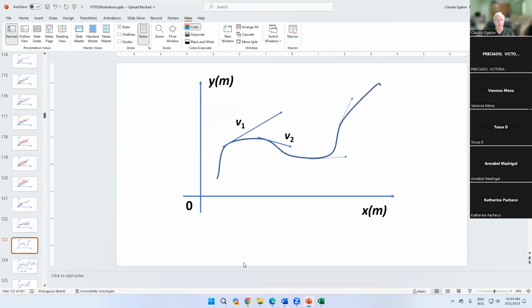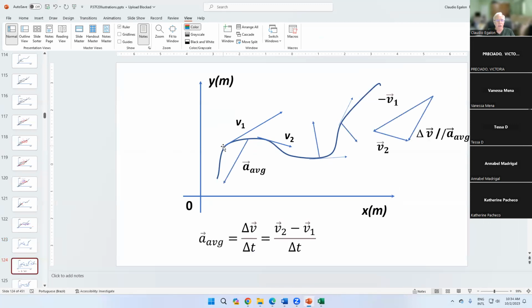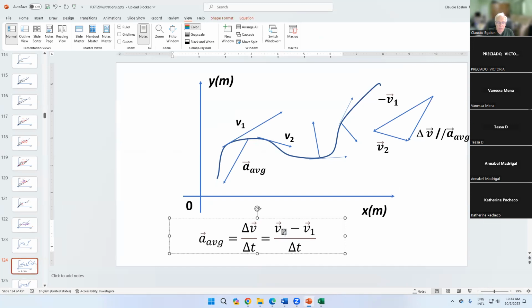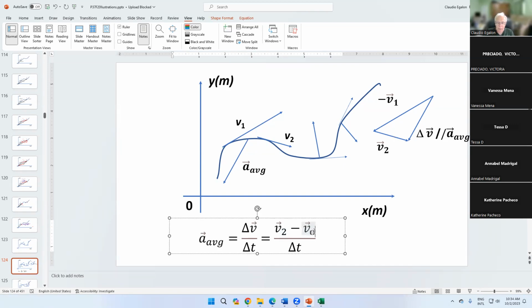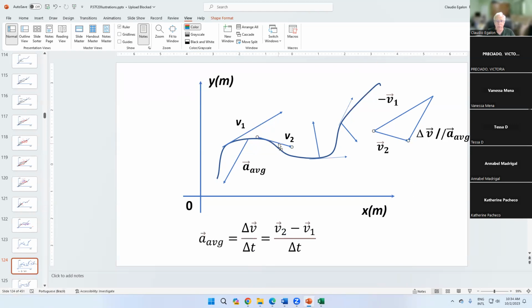Let's see how it is illustrated in the graph, right? So suppose I want to know the average acceleration between those two instances of time, v1 and v2, right? Instead of 2 minus 1, I'm going to put final, initial. So how do we illustrate that? That's v1, and that's v2. If I do v2 minus v1, I preserve the direction of v2. This guy is exactly the same as this one.